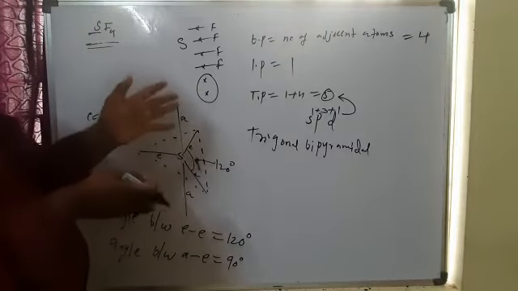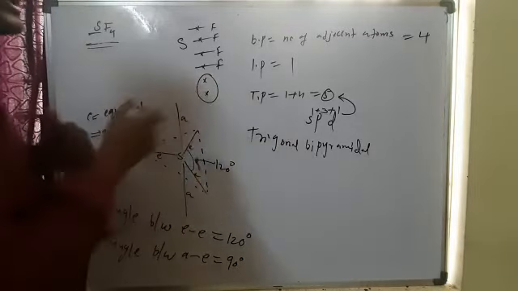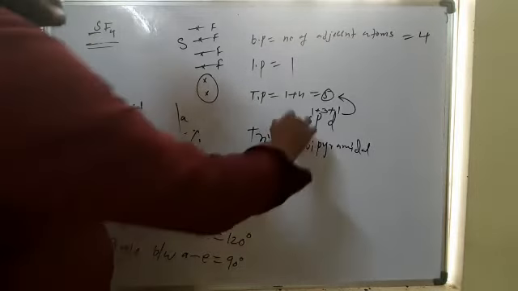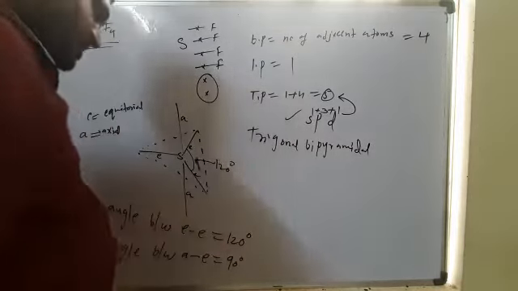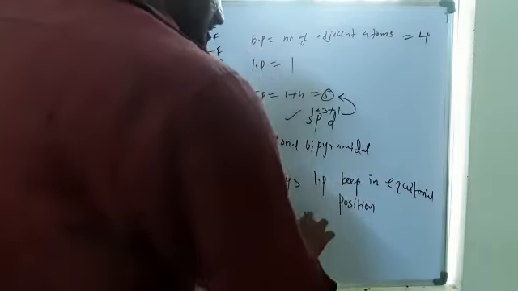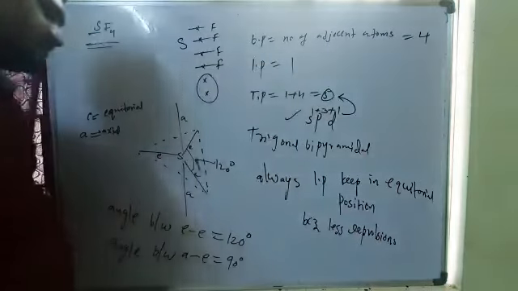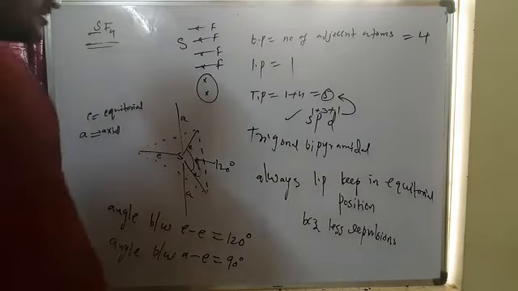So in a trigonal bipyramidal structure with sp3d hybridization, lone pairs are always kept in the equatorial position because of less repulsion.